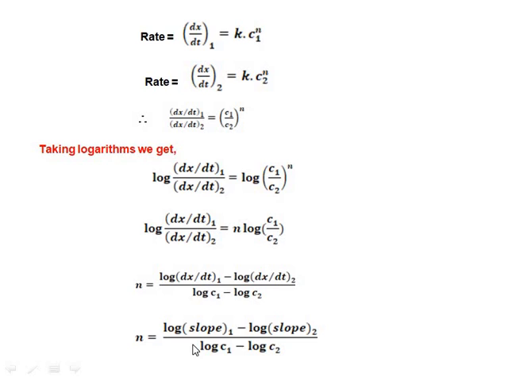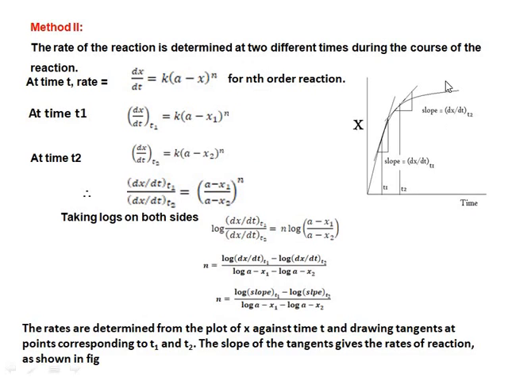Then these values of dx/dt1 and dx/dt2 are obtained from the graph like this, right? This is obtained from the graph.